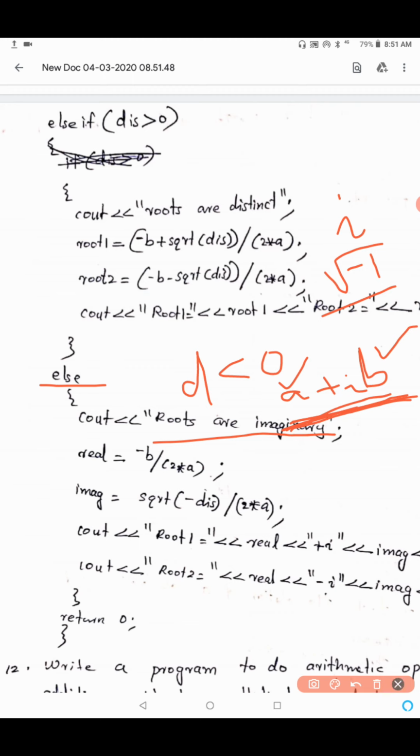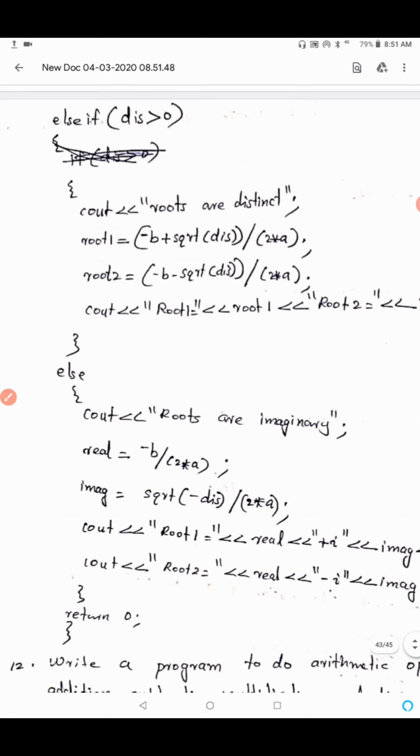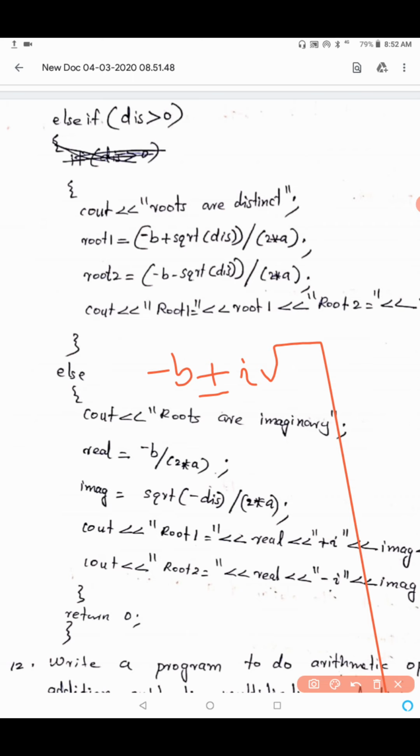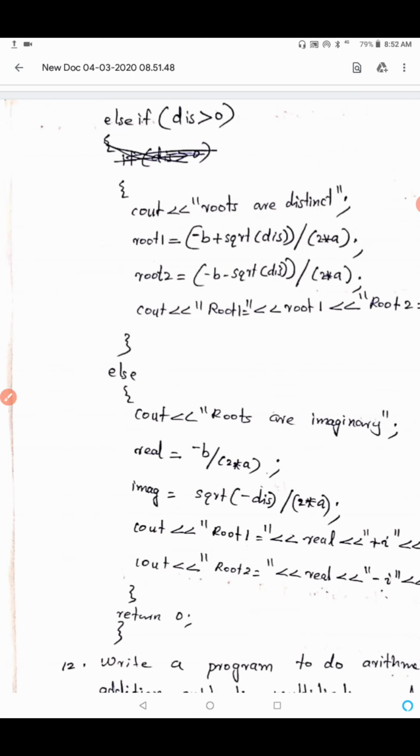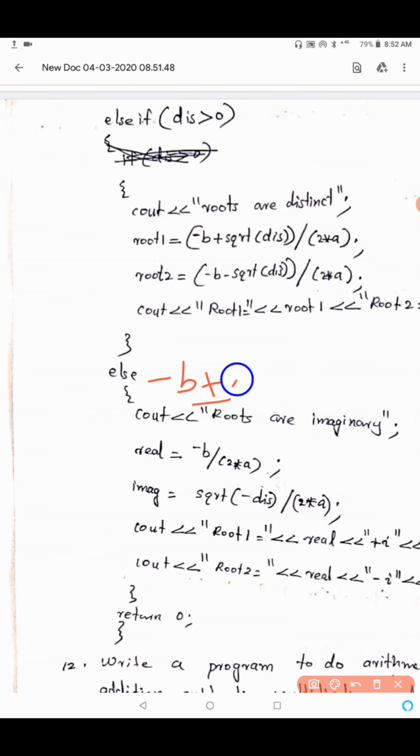Here, this also we have learned, the roots are minus b plus or minus i into root of b square minus 4ac, the whole divided by 2a.